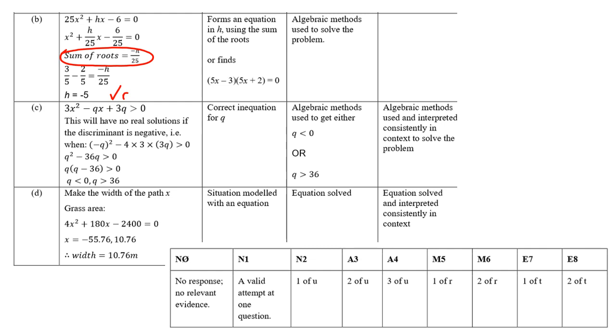This thing here, I think this should be equal to 0. And this will have 2 real solutions if the discriminant is positive. Okay, because that's what the question was asking, eh? Yeah. So I'm not sure why I put that there.